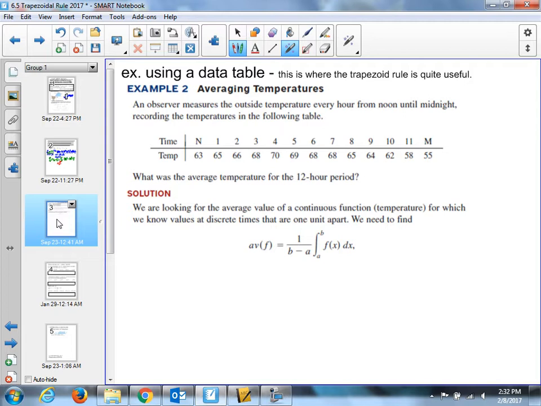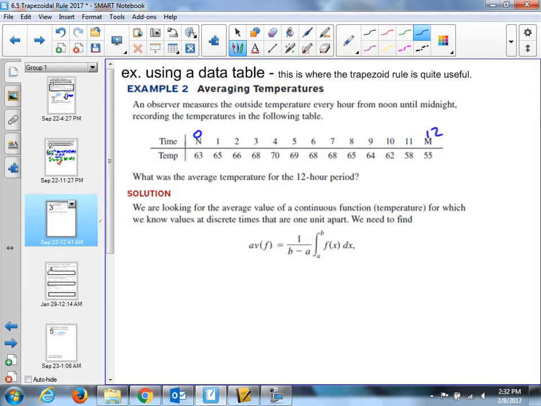An observer measures the outside temperature every hour from noon until midnight. And the following temperatures are recorded in this table. Now, as soon as I see n for noon, I'm thinking this is 0, 1, 2, 3, 1 hour later, up to 12.